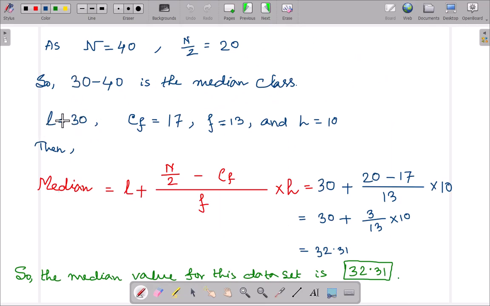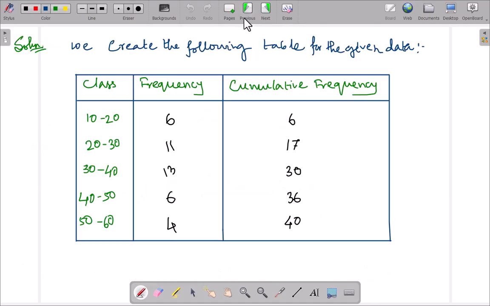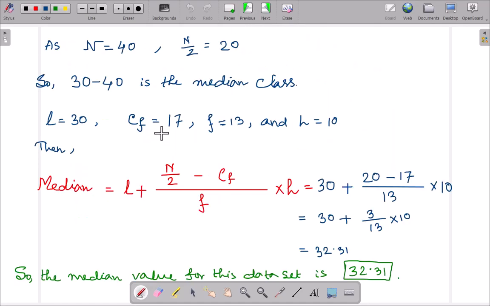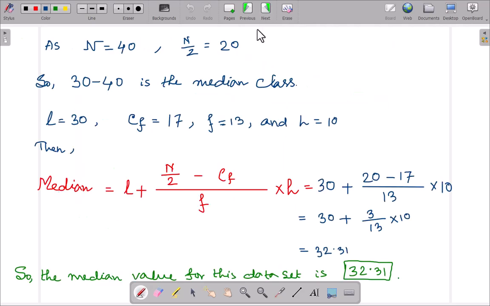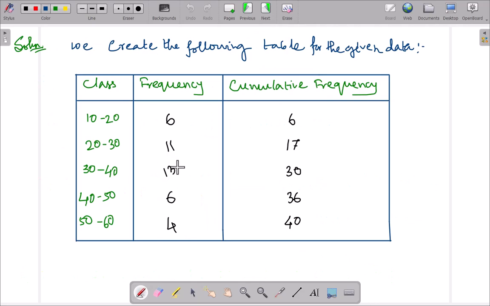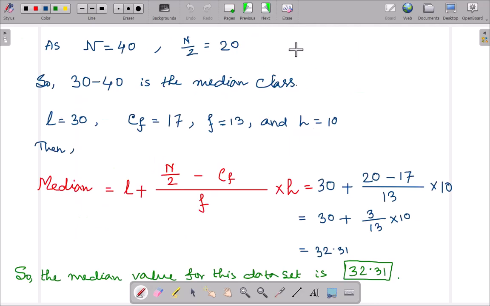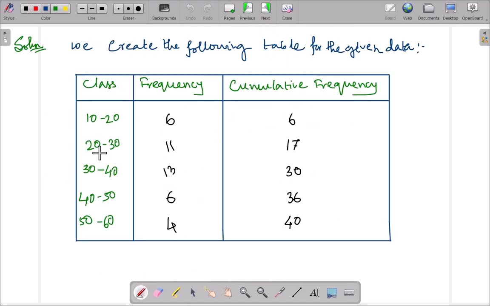Here the lower limit is 30, L equal to 30, and CF is 17. What is CF? CF is the cumulative frequency of the class preceding the median class, that is 17. F is the frequency of the median class, that is 13, and H is the class size, that is 10.